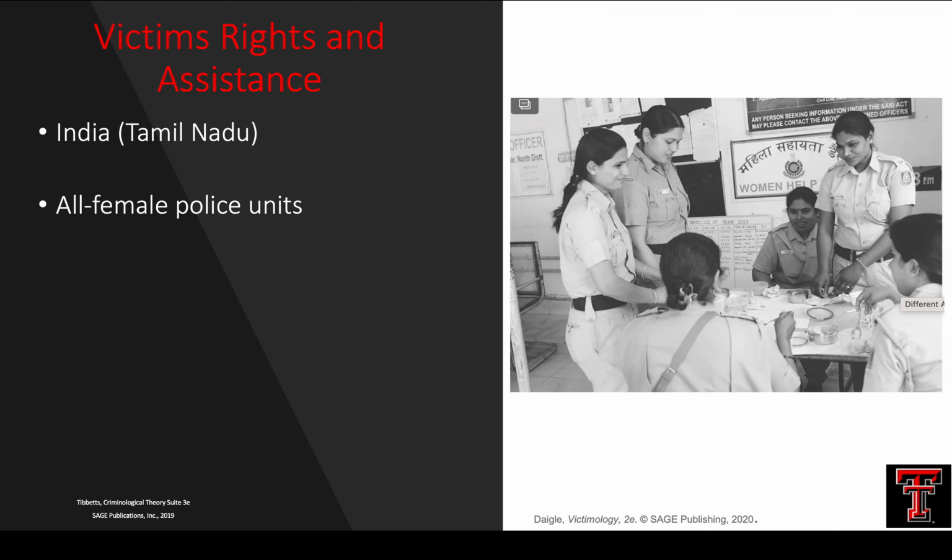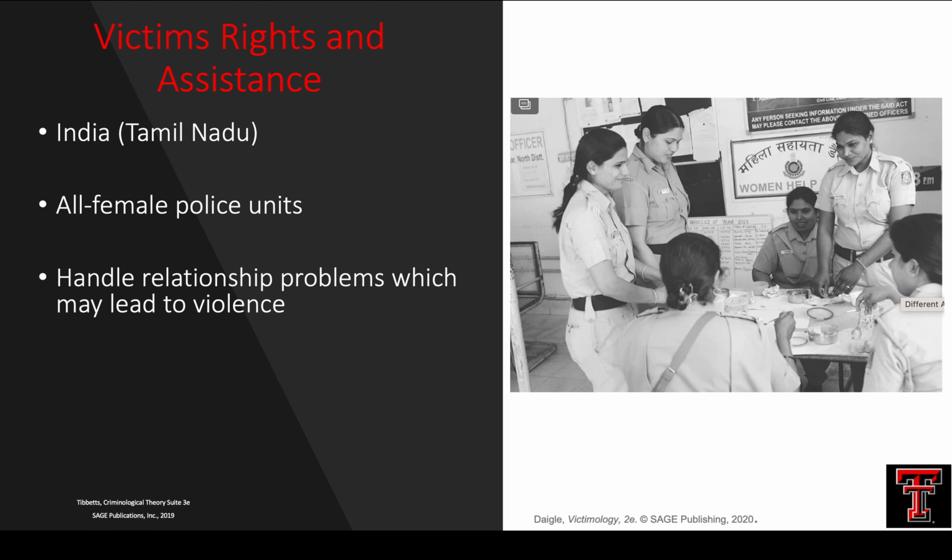So another example of international victims' rights and assistance is in India. In Tamil Nadu, they have these all-female police units that handle relationship problems which may lead to violence.